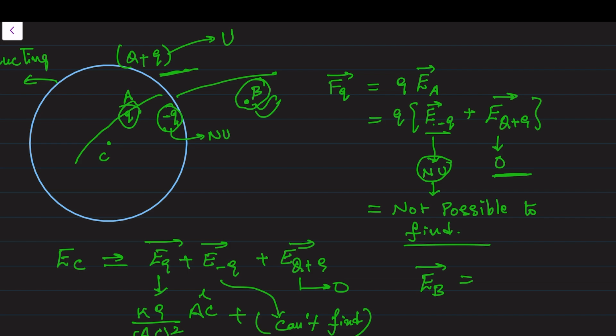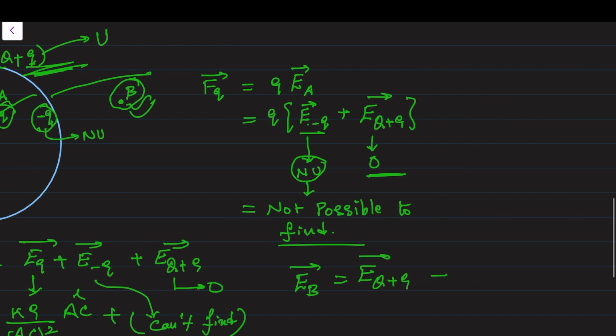At point B, electric field is only due to the charge capital Q plus small q on the outer surface. So electric field at point B is only due to Q plus q, because due to plus q, small q, and due to minus q, it will be 0.